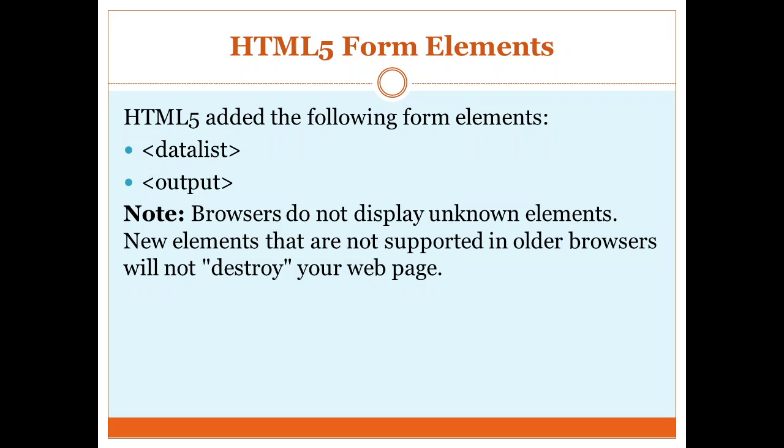So you can go with the datalist. The datalist element specifies a list of predefined options for an input element. Users can see the drop-down list of the predefined options as the input data too. And the list attribute of the input element must refer to the ID of the datalist element.